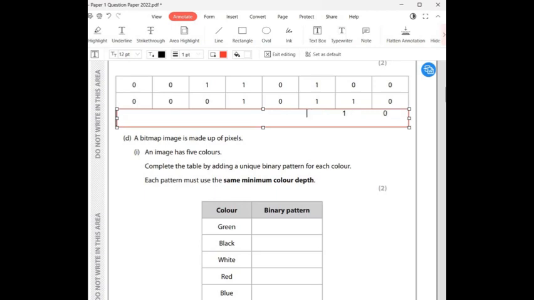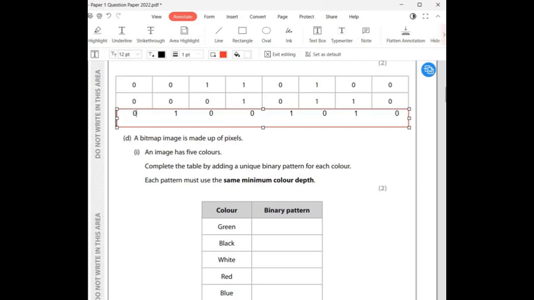Okay? Carry the 1. And then the next one, that's just going to be a 1. And then 1 and 1, that's going to be a 0. And then 1 and 0 here, because it's carried a 1, that will be a 0. And 0 and 0, we've got 1. And then we've got 0 here.